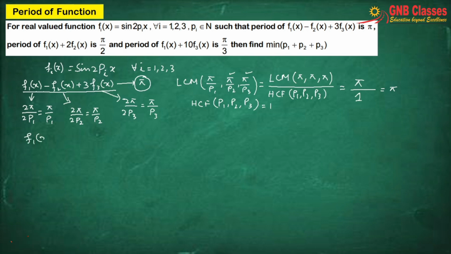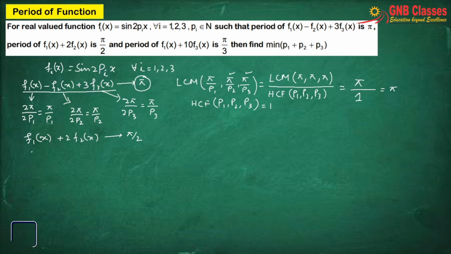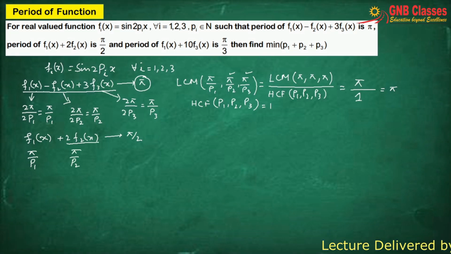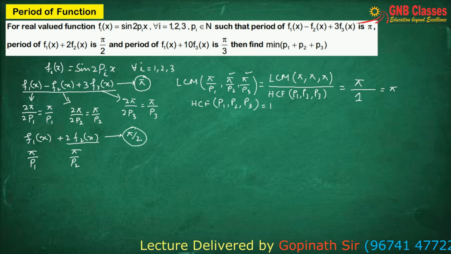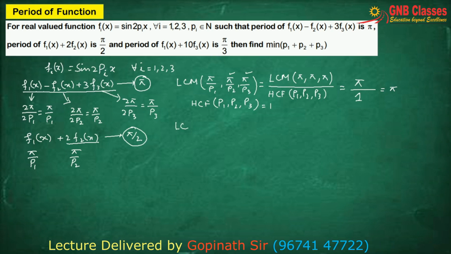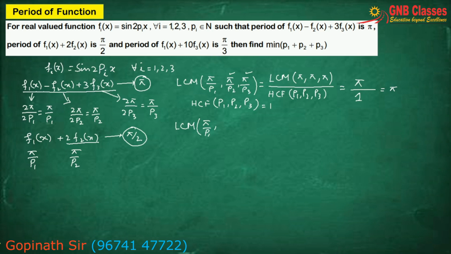They have said that the period for f1(x) plus 2 times f2(x) is π/2. So the period of f1(x), just now we have calculated, is π/p1. Similarly, the period for 2f2 will be π/p2. Is it clear? Now, to get the period as π/2, we have to find LCM of π/p1 and π/p2.